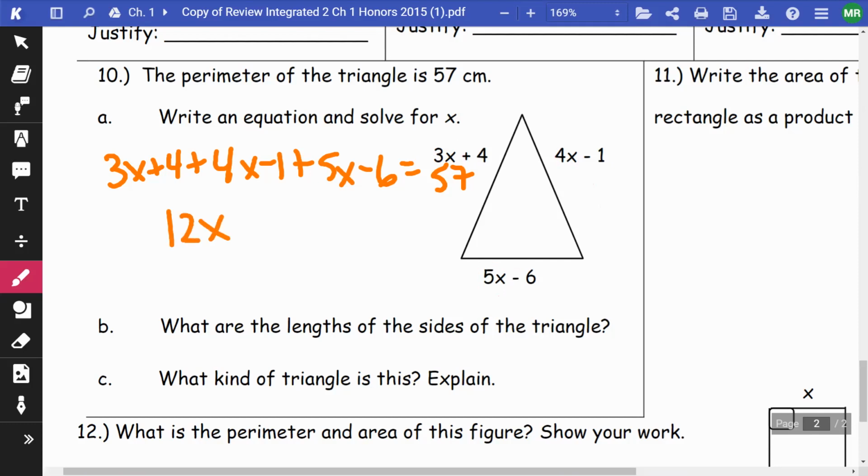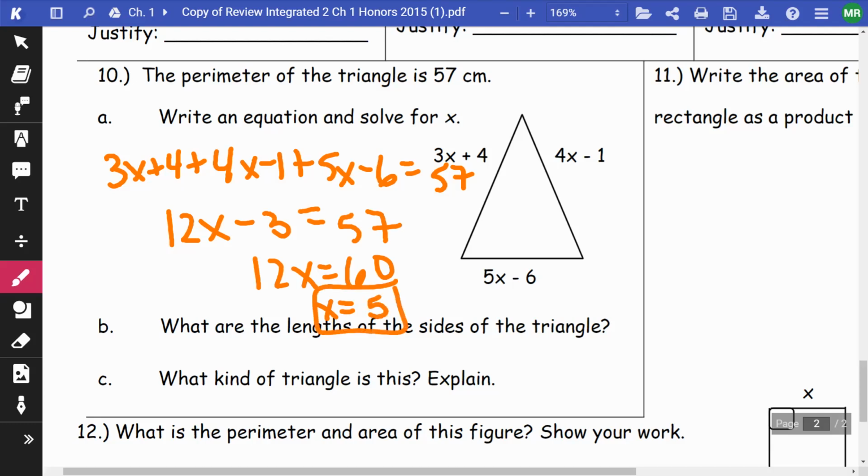Then I take my plus 4 and my minus 1, which is 3, and my minus 6, which is a negative 3. So I get 12x minus 3 is equal to 57. I add 3 to both sides, so I get 12x is equal to 60. So x is equal to 5.